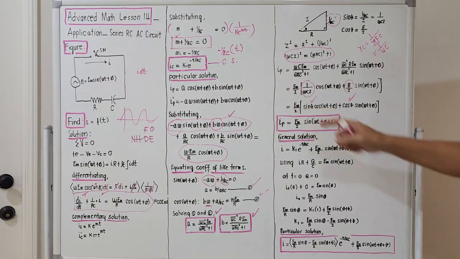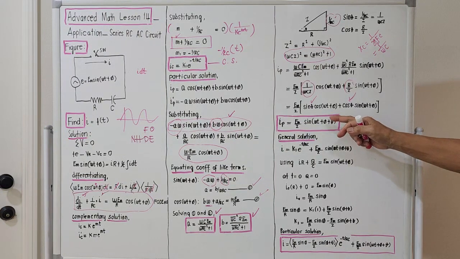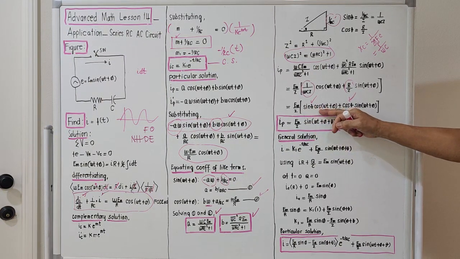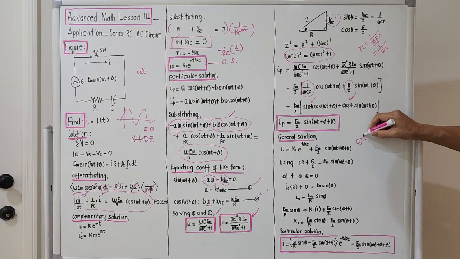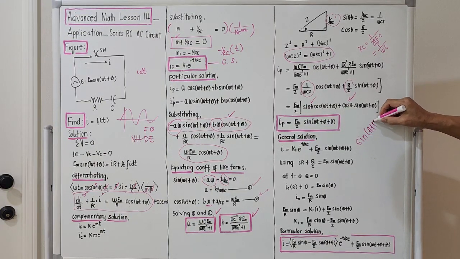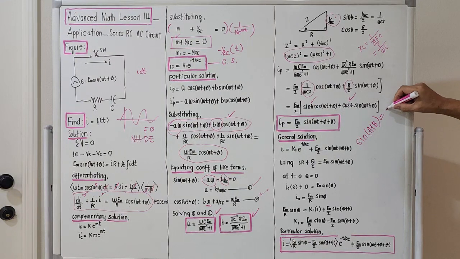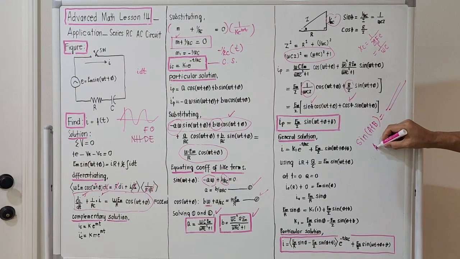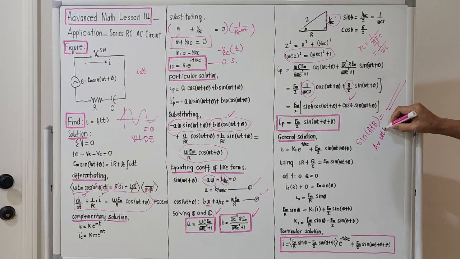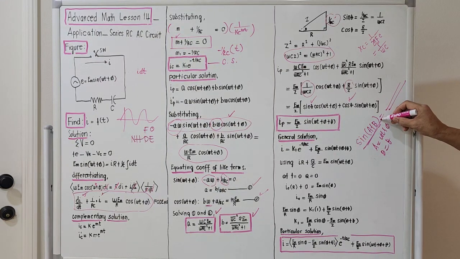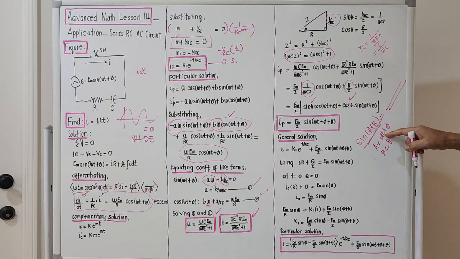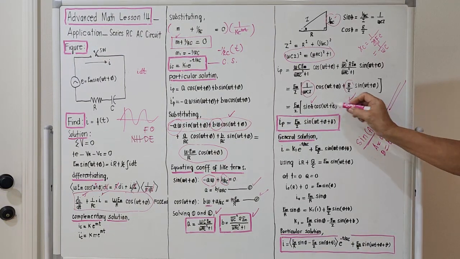It will be E sub m over Z. The expansion will now be sine of theta cosine of omega t plus angle p, cosine of theta sine of omega t plus angle p. And this is similar to the sine of the quantity A plus B. Okay? And if we try to expand this one, where A will be equal to omega t plus angle P, and B is equal to theta. So substituting the value A and B to be omega t plus angle P plus theta, what comes out is actually this one.